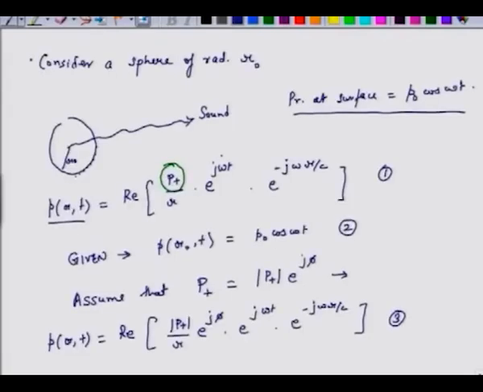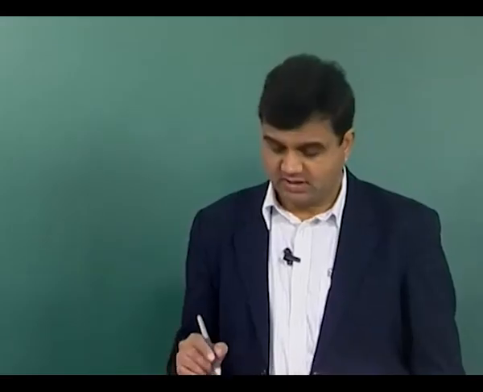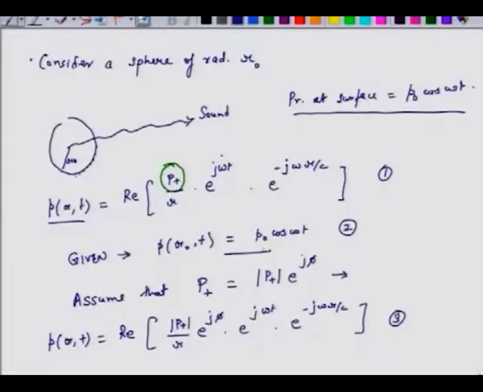So, I know that at r equals r naught, this is my expression for P. So, I plug the value of r as r naught, and on the left hand side I put this value.